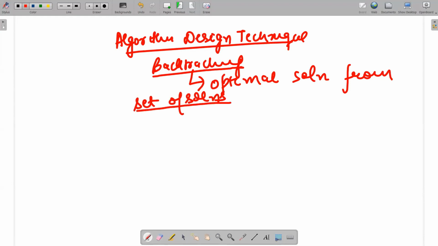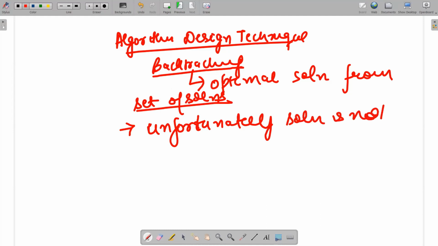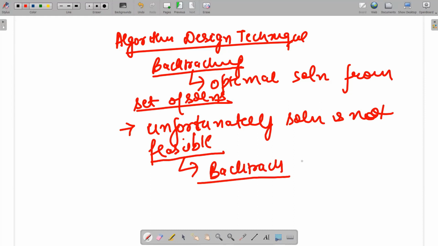So in this, we try to find the optimal solution in a certain scenario. There is a particular scenario which is given to us. If we try to get a solution and unfortunately the solution is not feasible, it is not calculable, then in that scenario we backtrack the step and try to find the solution from the other possibilities.